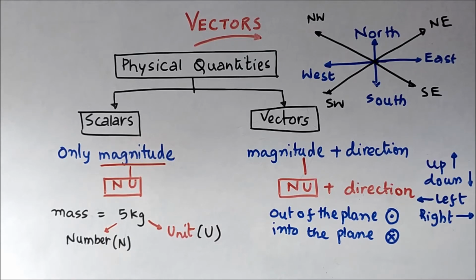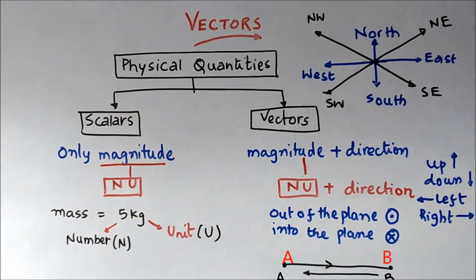Or if we have a reference point, say this is the reference point A, and a body is supposed to reach position B from the reference point A, so the direction could be AB or BA.